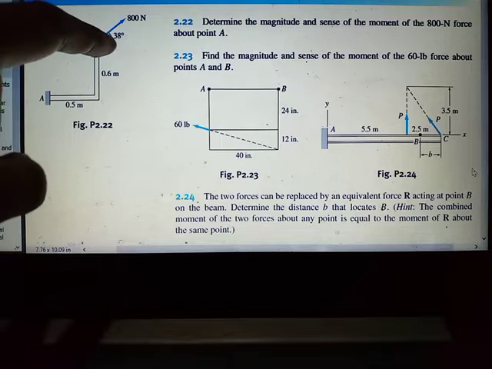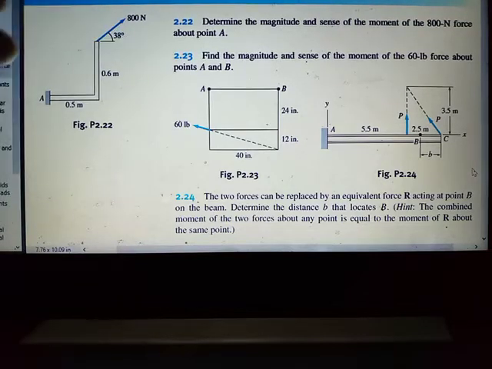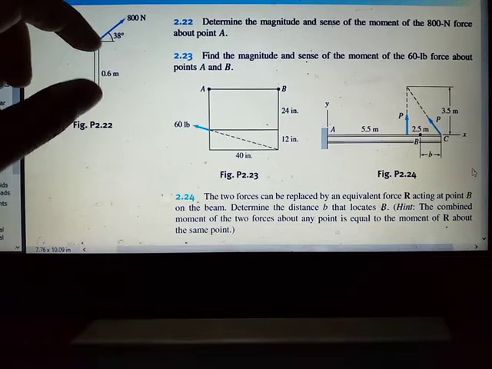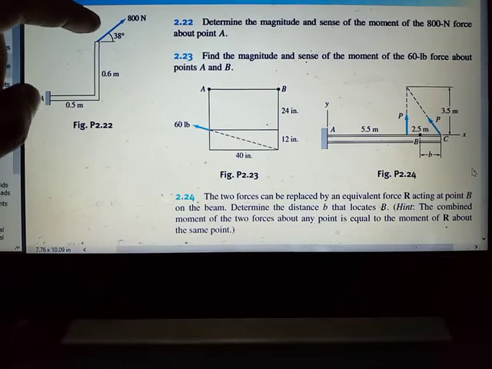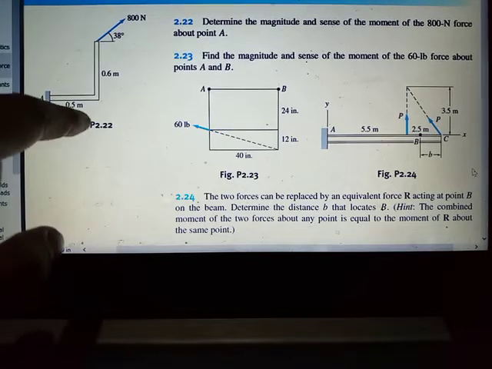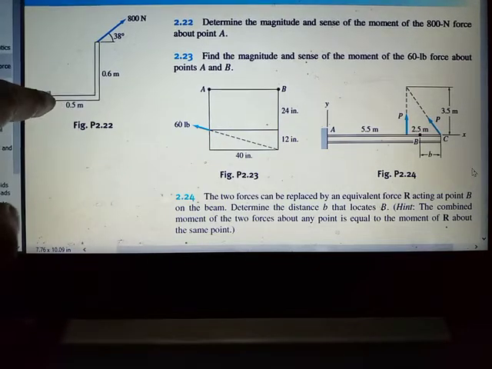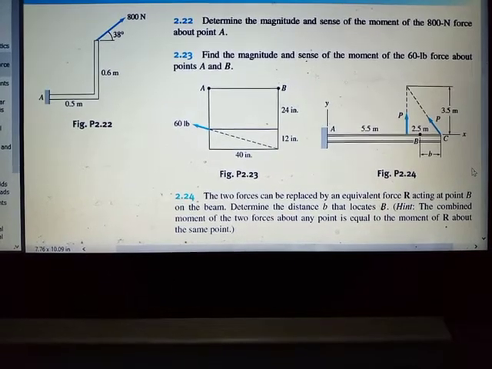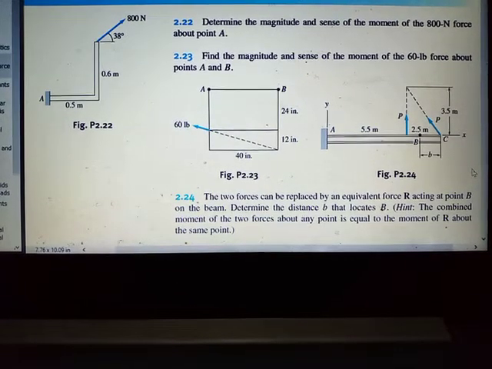The x-axis is horizontal, so its perpendicular distance is vertical. If we are referring to the force which is vertical, its perpendicular distance is obviously horizontal. So, without further ado, we will see the solution immediately.